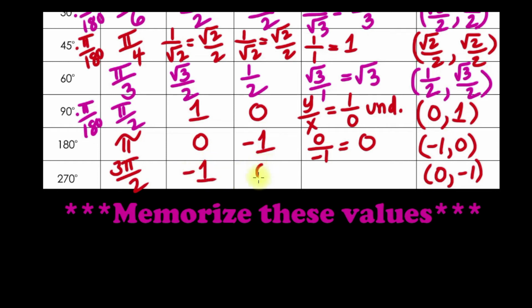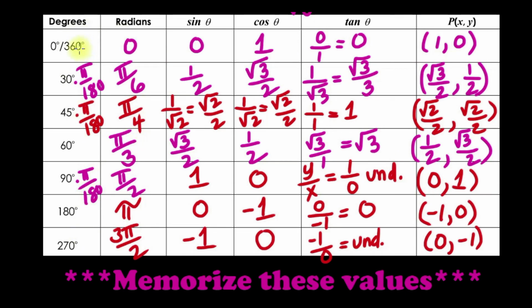Cosine of 270 is 0. And then tangent is negative 1 over 0. So that makes this undefined. So 360 is on the x-axis, right? Now if you want to find sine, cosine, tangent of 360, it's the same as 0. Okay, so this is on the x-axis.